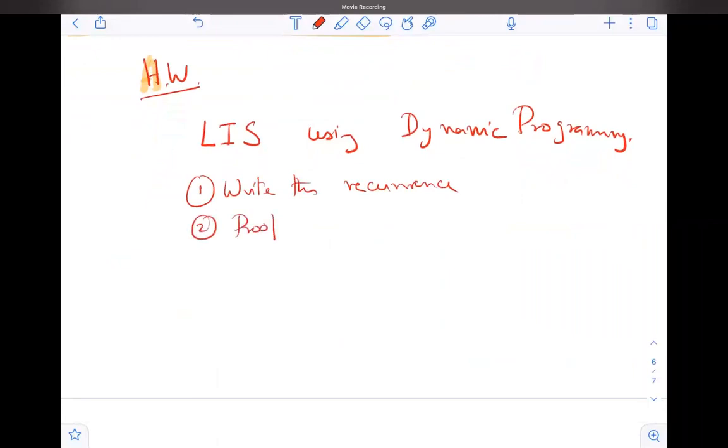Number 2, prove the correctness of the recurrence. Number 3 is how to fill up the matrix.